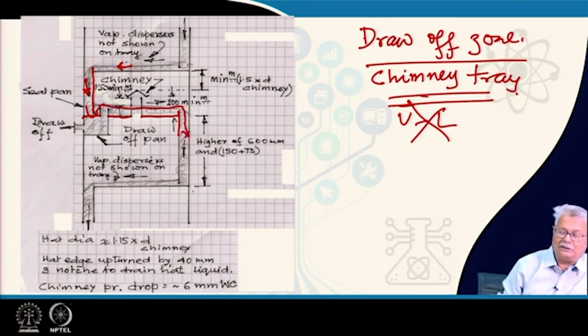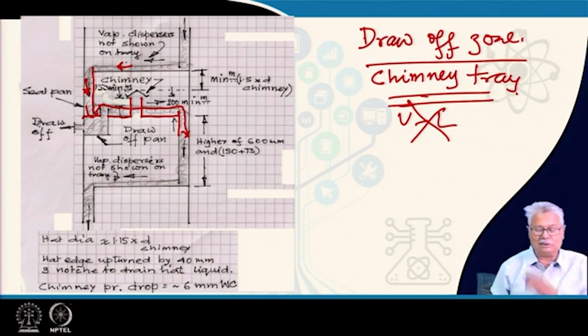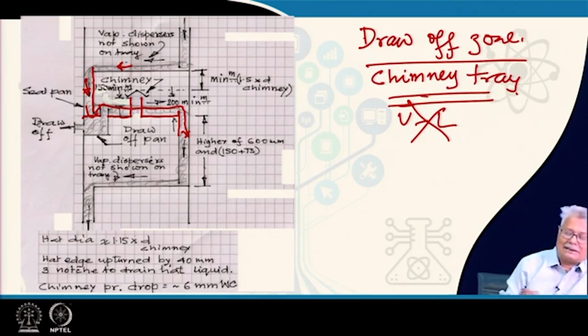We do not want any vapor and liquid contacting. So, what is done? You have long nozzles going up. Typically, the minimum height is 200 millimeters. It is more than 6 inches, you will notice 6.5 inches minimum, with a hat. The hat is not just a hat which goes like this.